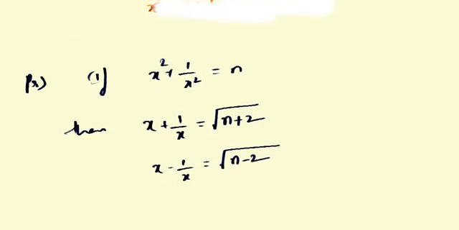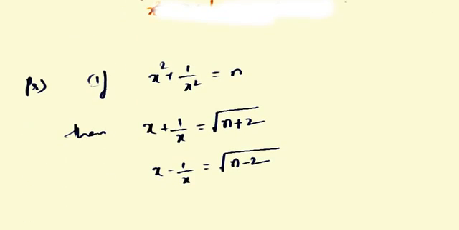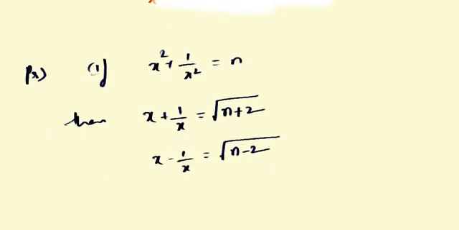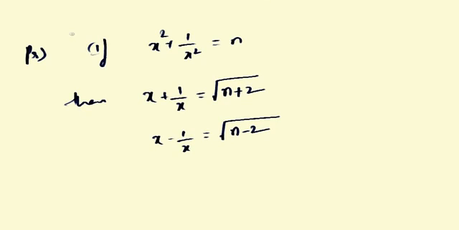Next, sometimes we need to find in the reverse order. Let us say it is given that x square plus 1 by x square is 66. Then you need to find out x minus 1 by x.